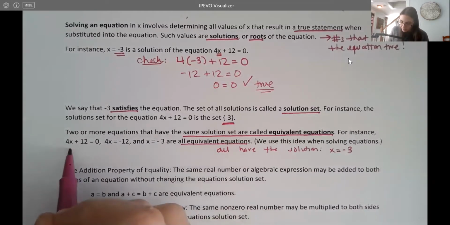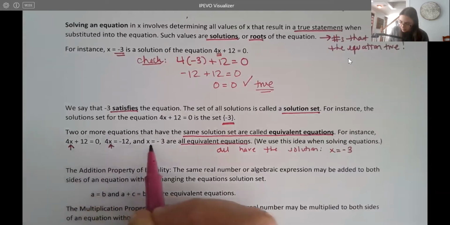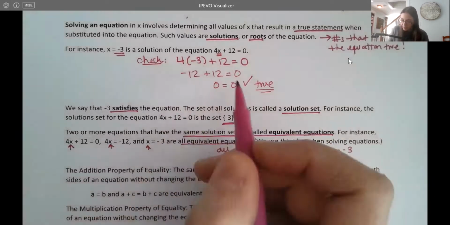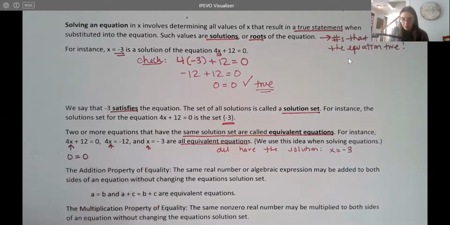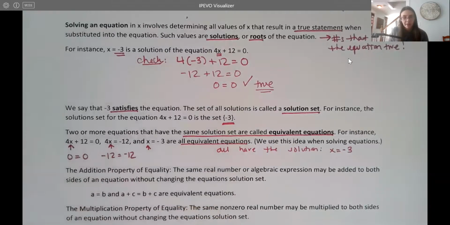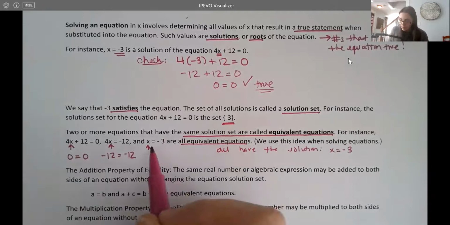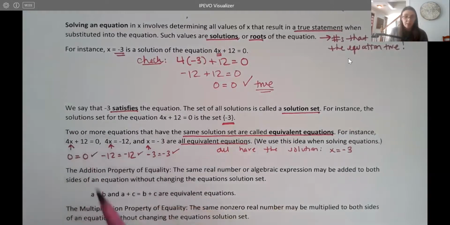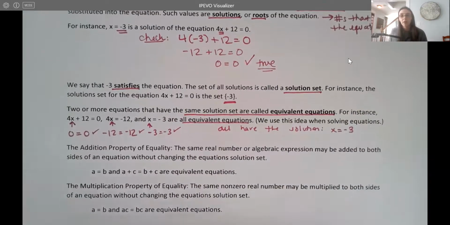If I plug in -3 here, here, and here, they all become true. Now we saw this one already. When I plug in -3 there, I got 0 equals 0. If I plug in -3 here, I get 4 times -3, which is -12. So I get -12 equals -12. And if I plug in -3 here, I get -3 equals -3. So these are all true statements. So -3 is a solution in all of them.